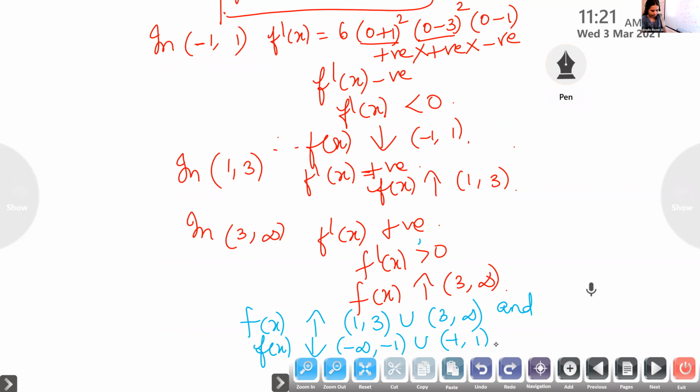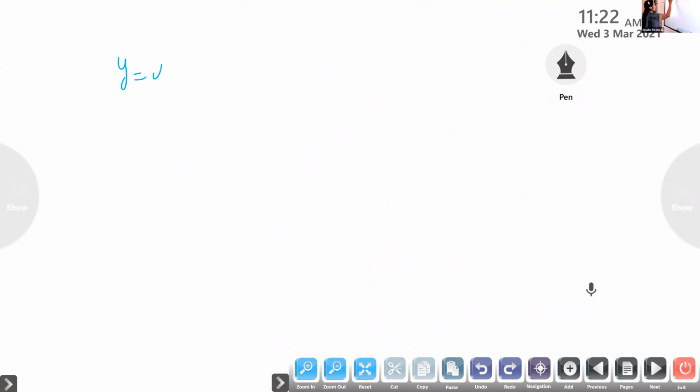Okay, write the next one. Show that y is equal to log of x plus 1 minus 2x by 2 plus x, x greater than minus 1, is an increasing function of x throughout its domain.